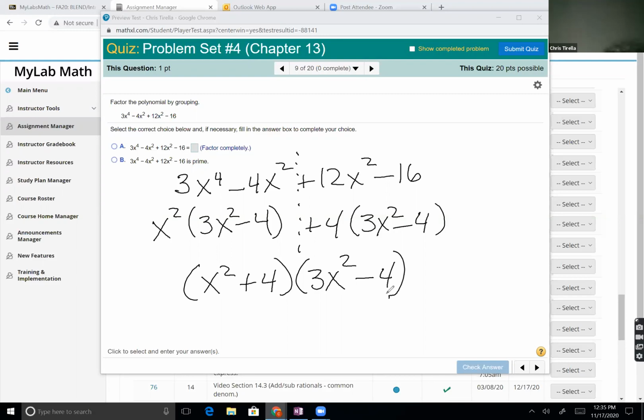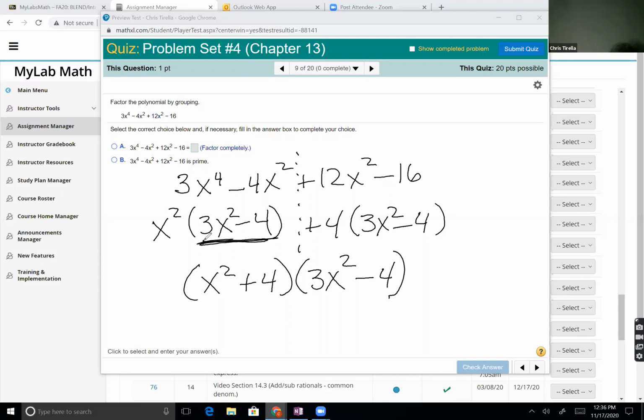How'd you guys do? Everybody got it? I got to the middle, but then I had trouble getting to the end.